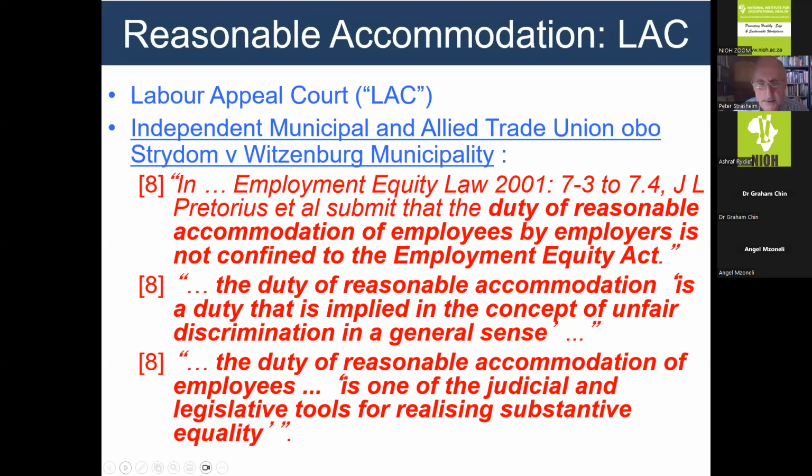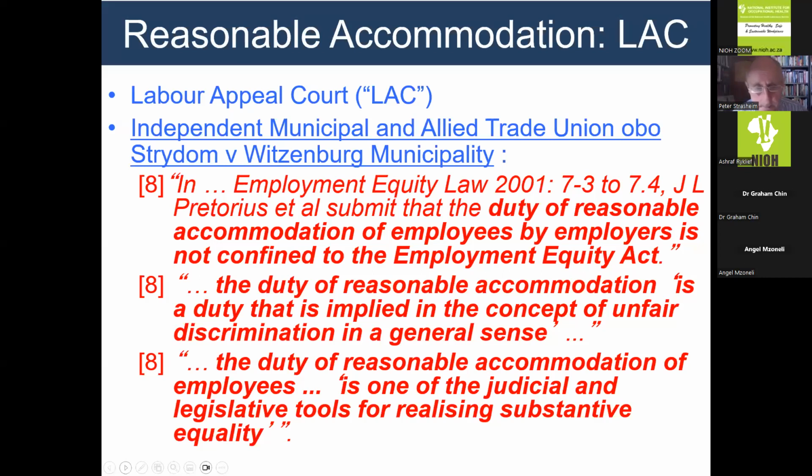You can see it there, where the academics said the duty of reasonable accommodation by employers is not confined to the Employment Equity Act. I so far have been talking about it in the context of the Employment Equity Act. But no, the Labour Appeal Court says the duty of reasonable accommodation is the duty that is implied in the concept of unfair discrimination in the general sense. That means outside of labour law itself.